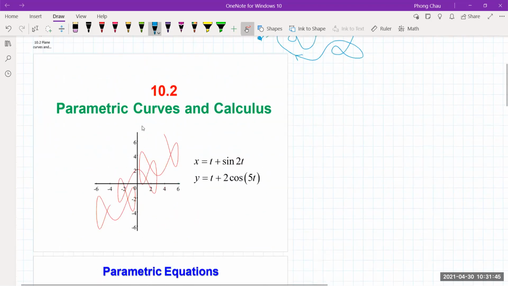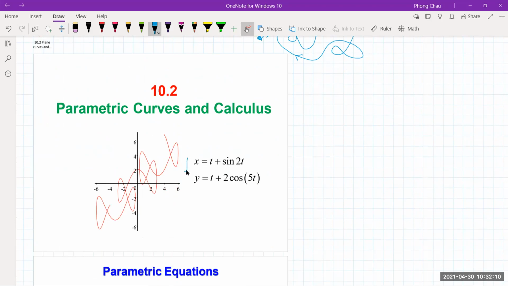Now, if you look at this quick example right here, where the graph looks like that, the way we describe this graph is by two equations. I have x equals t plus sine of 2t and y equals t plus 2 cosine of 2t.